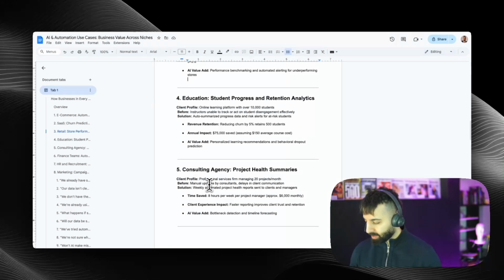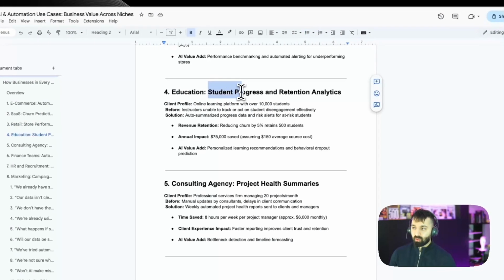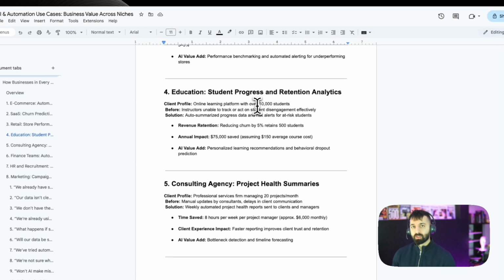Another sector that's very interesting, I don't see it being utilized too often, is the education space, right? So a lot of people, let's say if you sell courses online or any type of education consulting, a big factor is having people actually get value, get results. And not a lot of people really focus on that.